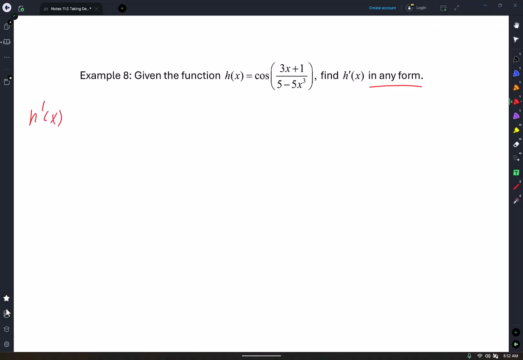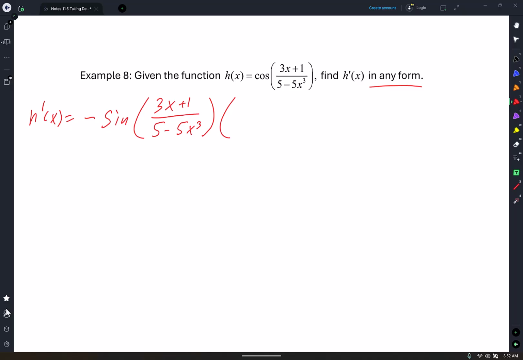H prime of x equals the outside. What's the derivative of cosine? Negative sine. So write negative sine and leave the inside alone. 3x plus 1 over 5 minus 5x cubed times derivative of the inside. And we have to do quotient rule. What do I start with first? Bottom.